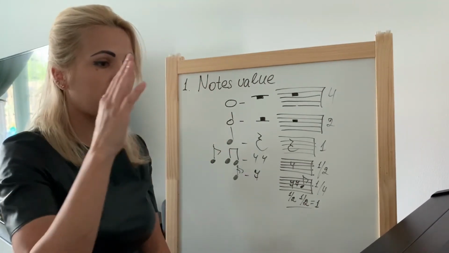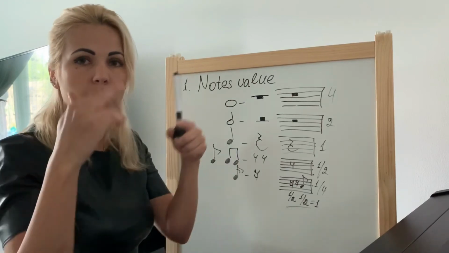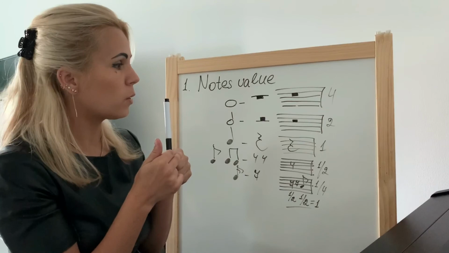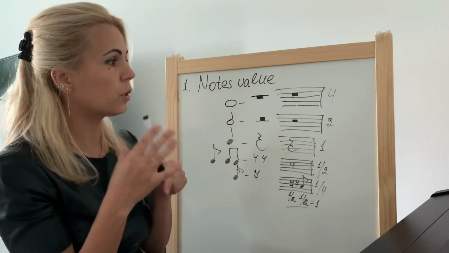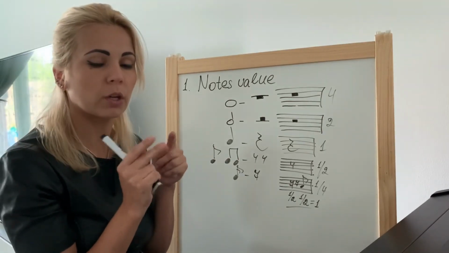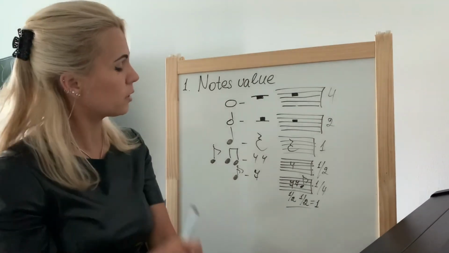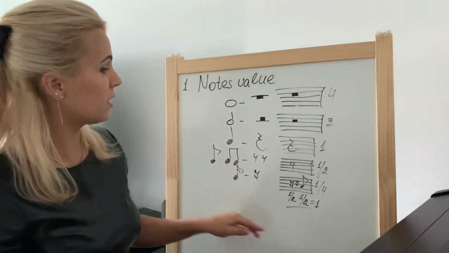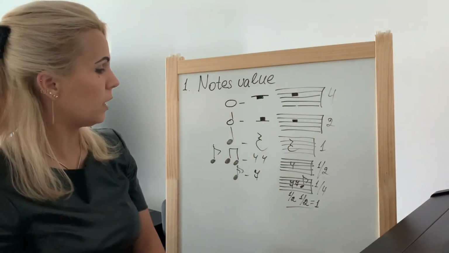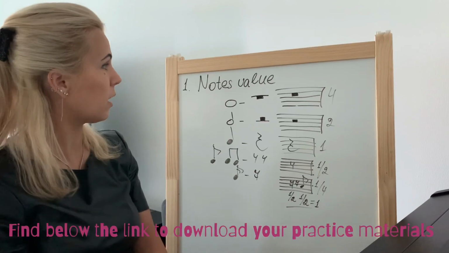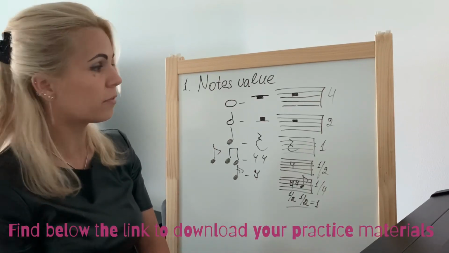So the first table of comparison and the relation between notes, the second one where we were linking your crotchet, quaver and semi-quaver to one second, to 1 beat, and finally this one where we are practicing to recognize and write your rests.